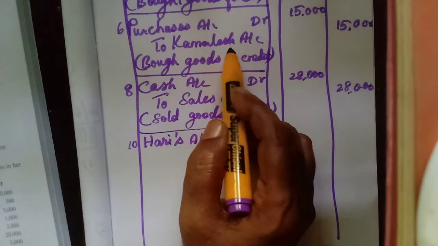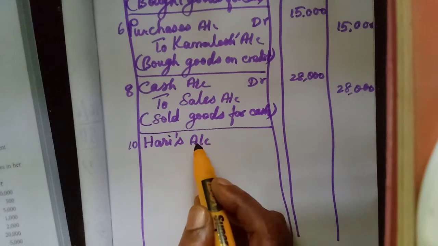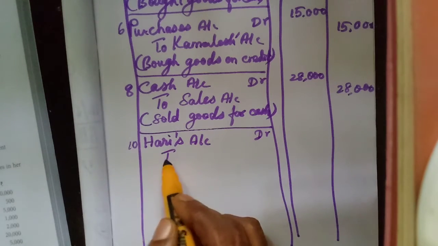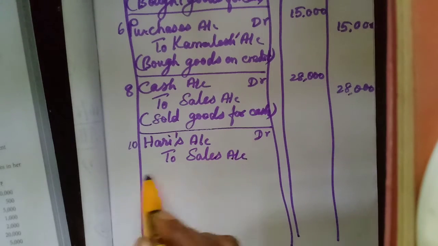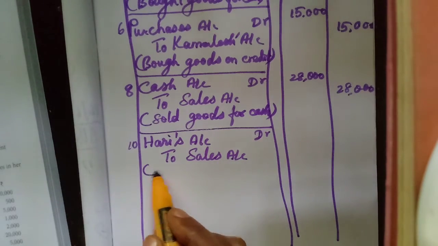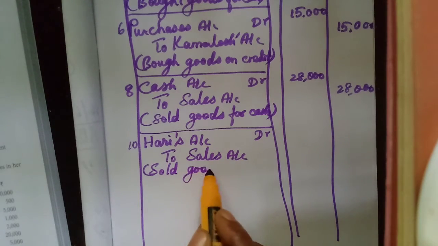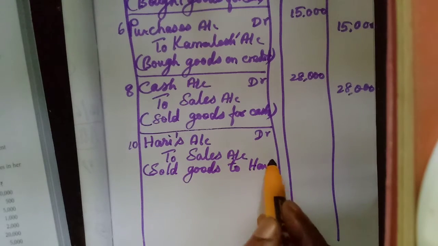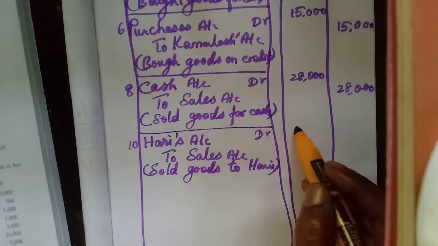Because here it ends with S, as in Kamalesh, simply you can put the apostrophe, that's all. Hari's account debtor to sales account. Narration, sold goods to Hari. 10,000.